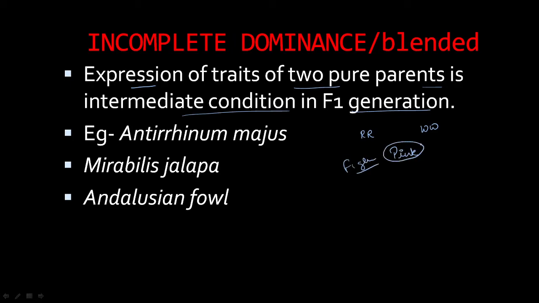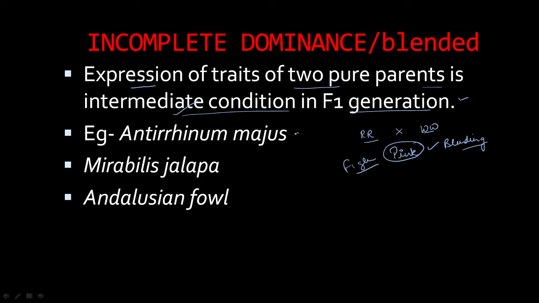So you can observe that pink color is the mixture of red and white color, right? So this is blending. In this case we will see blending, mixing, right? So here we will find the intermediate condition in the F1 generation.